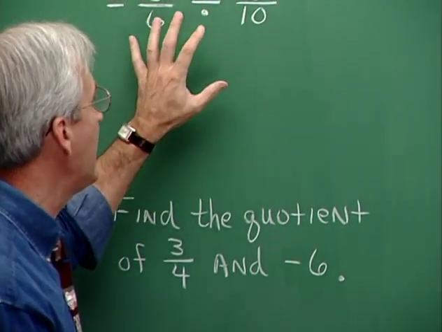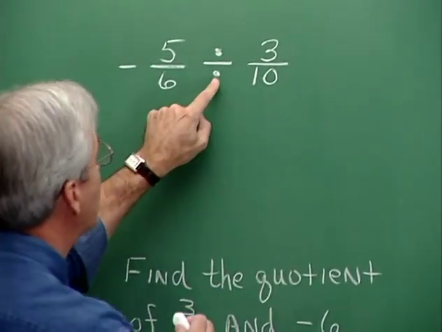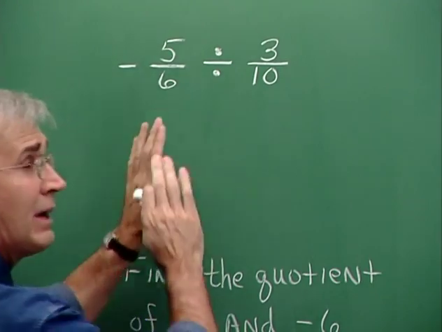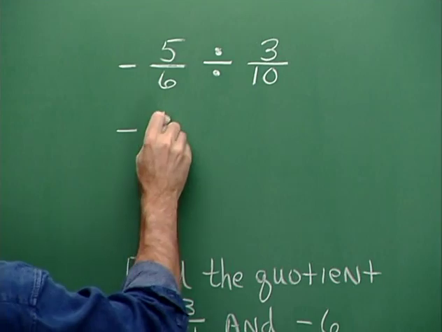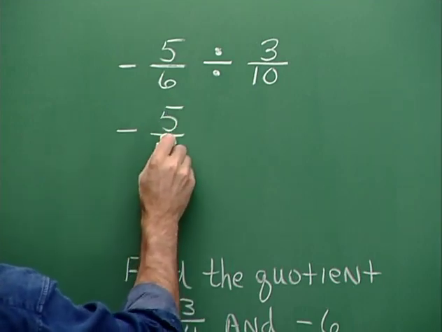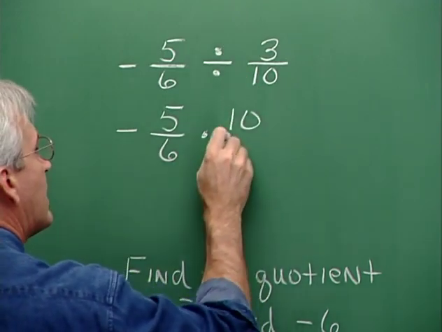But we can only cancel when we're multiplying, and we're not multiplying yet. This says divide, and when we divide, we multiply by the reciprocal. So we would rewrite this as negative 5/6 times, now flip that over, and we have 10/3.